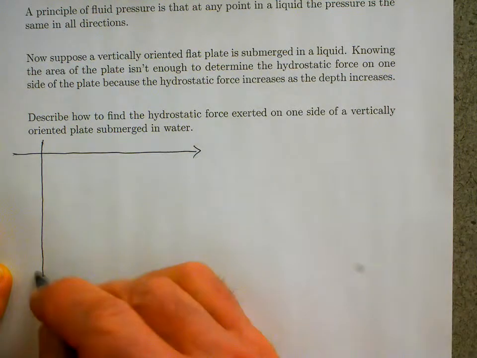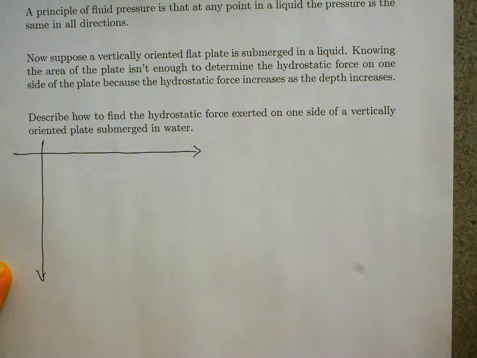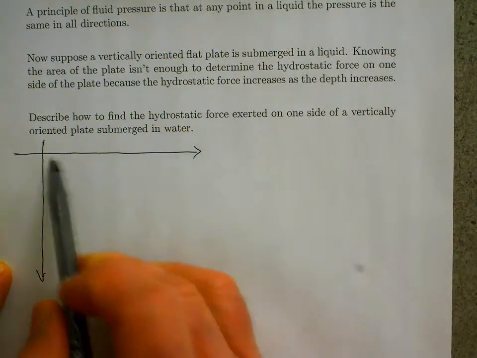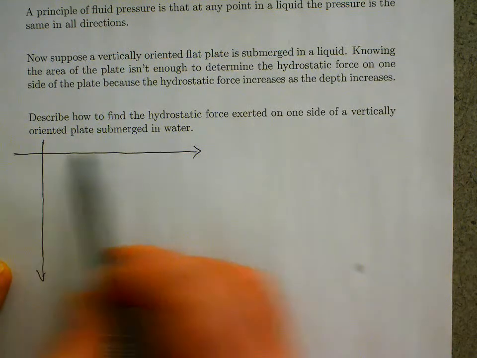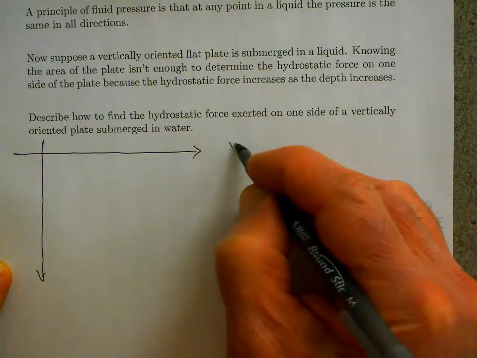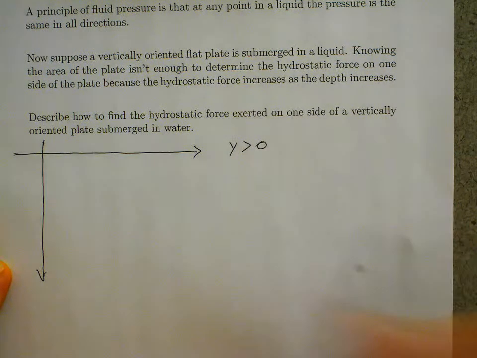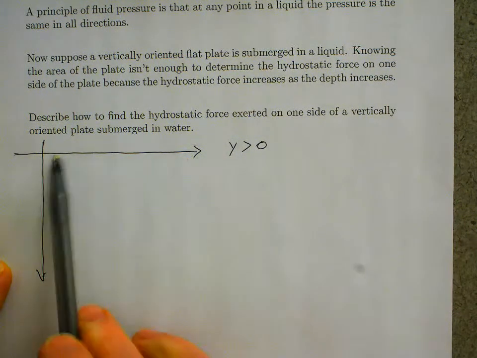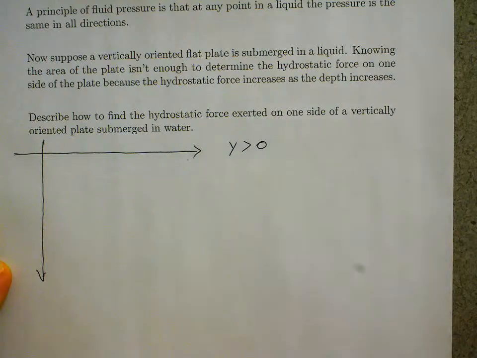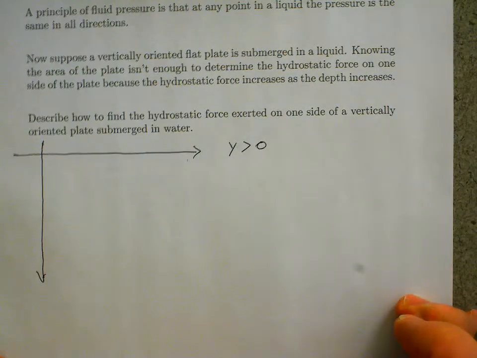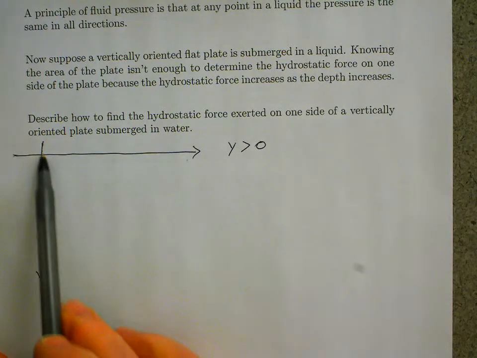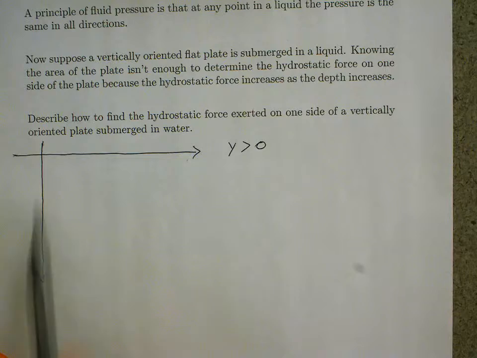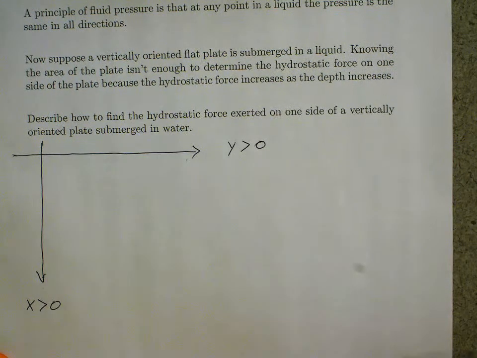So if I rotate the XY plane 90 degrees clockwise, then the positive y-axis is horizontal. So this is the y-axis for y values greater than 0. And the positive x-axis is pointing downward. So this is x greater than 0.